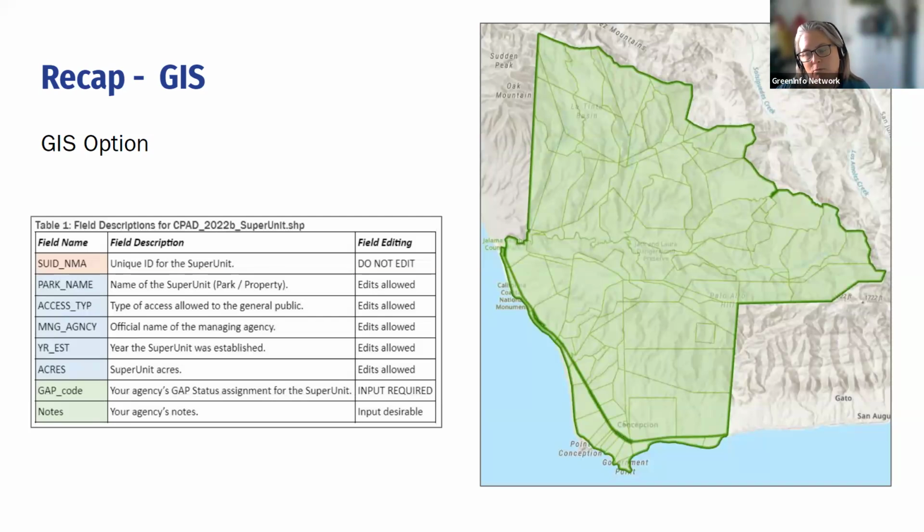One thing we do find is it's best to make sure the geometry and the park core or property details are right, and then move to gap code assignment after that. Because oftentimes folks are saying, well, I want to give this parcel 50% this, 50% that gap code. And if your acreages are changing, it just becomes more confusing. So we find that getting this solid in GIS, represent your park or property, then assign gap codes is the most productive for folks.